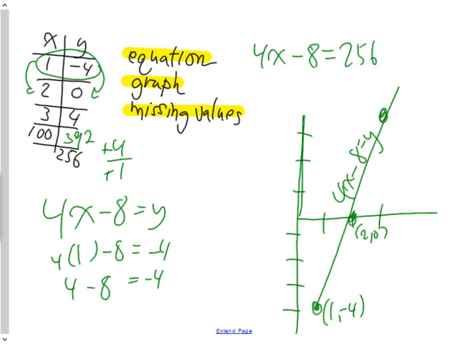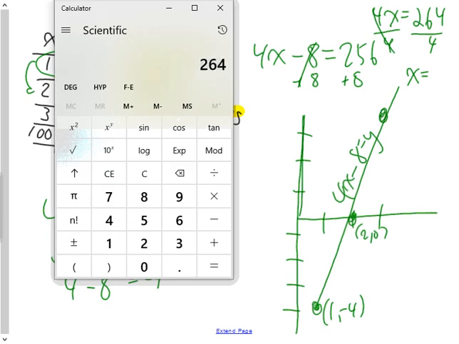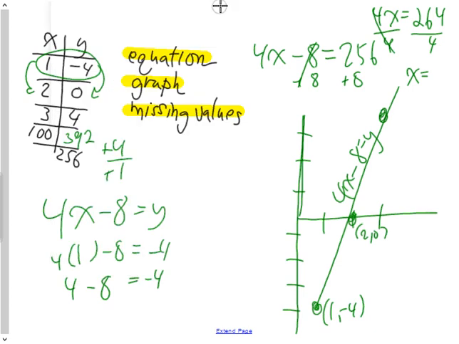Instead of y, put 256 to find out what the corresponding x value is. Add 8 to both sides. 4x will equal 264. Divide both sides by 4, and 264 divided by 4 equals 66. So x will equal 66. Any questions so far?